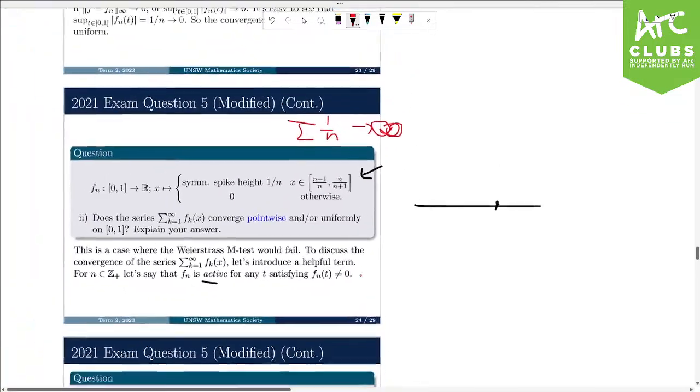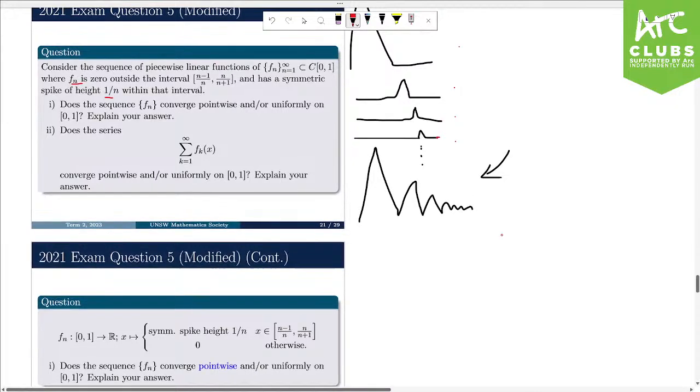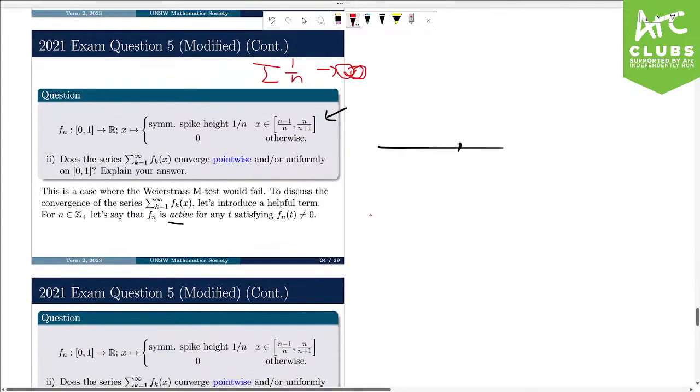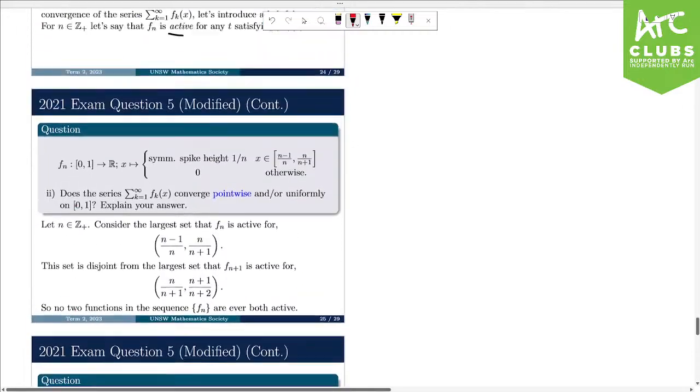Okay, so based on this intuition, we have a limit function. Now we just have to justify why our series converges to that.